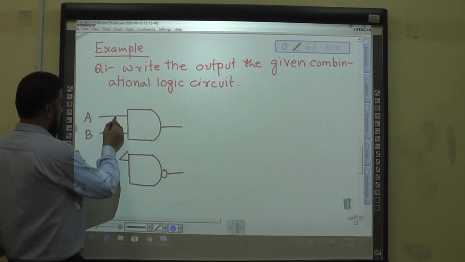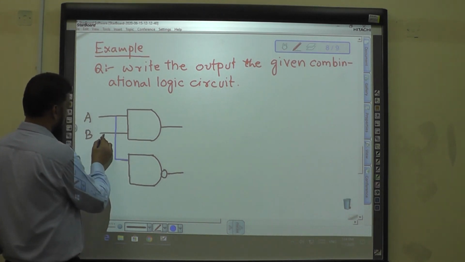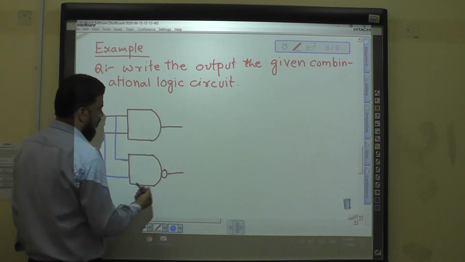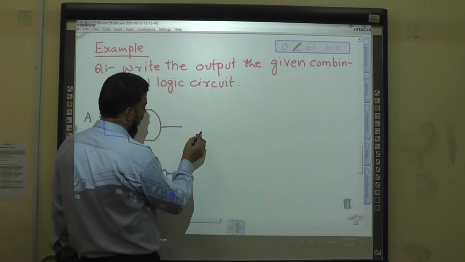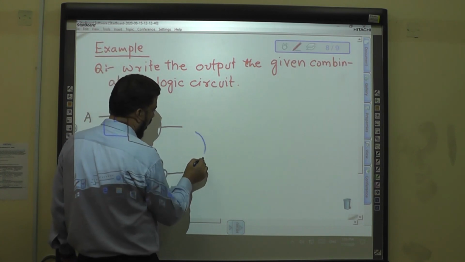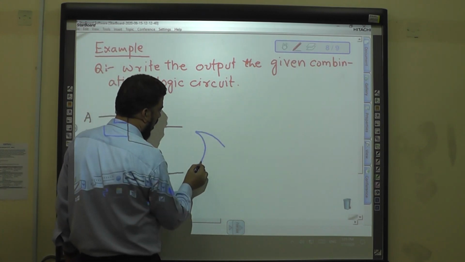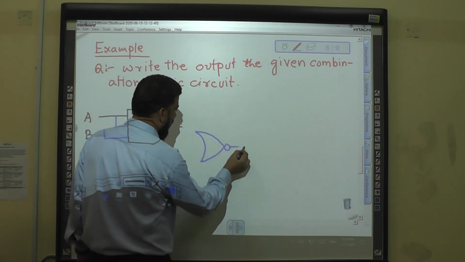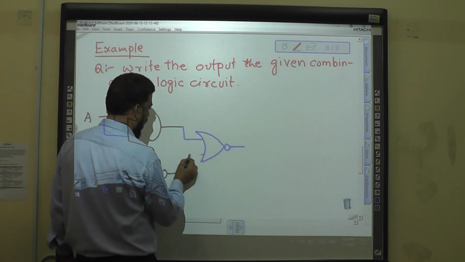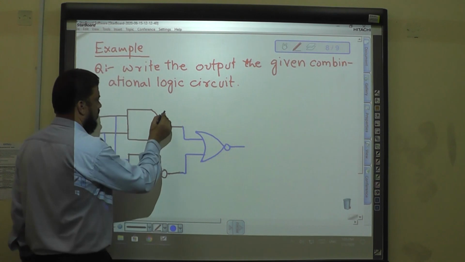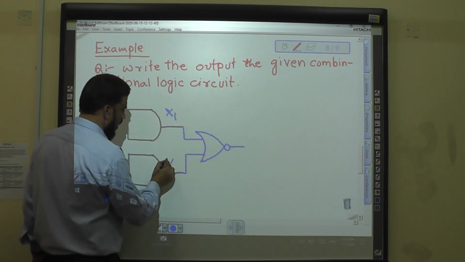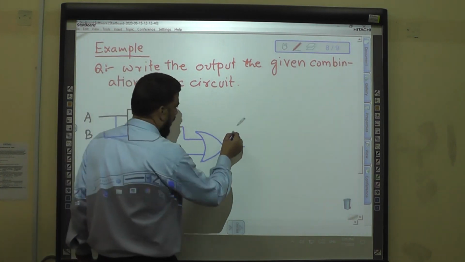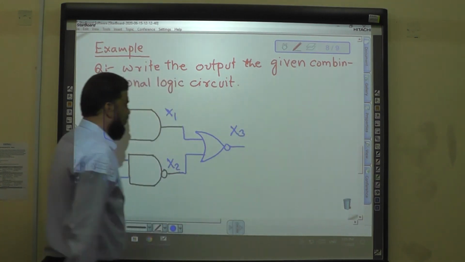The input to the NAND gate is the same, A and B. The output is given to the NOR gate. Say the outputs are x1, x2 and x3. Okay?